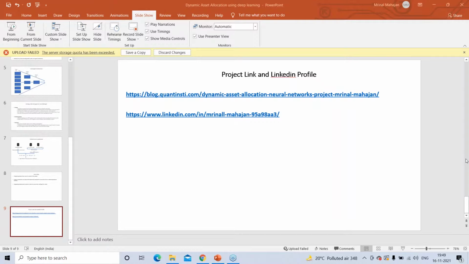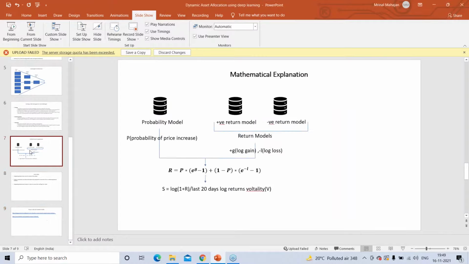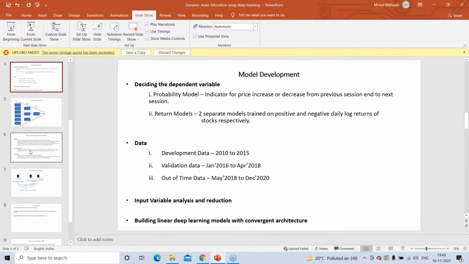For the backtest period, the out of time period, we were seeing around 5% returns overall. You can see the same in the blog that has been shared, and the beta testing for this particular project has given us a return of close to around 10% in the past 6 months.